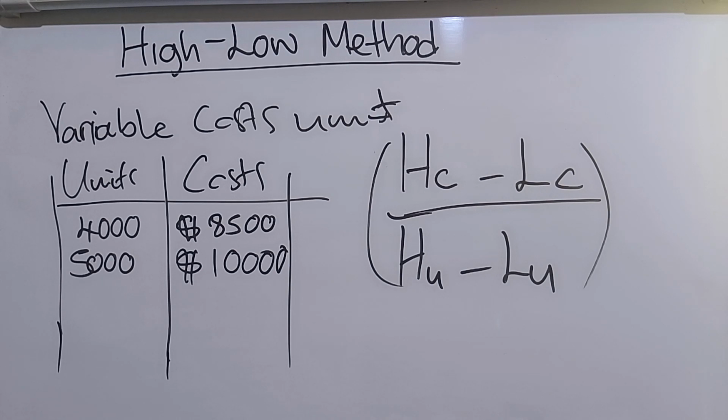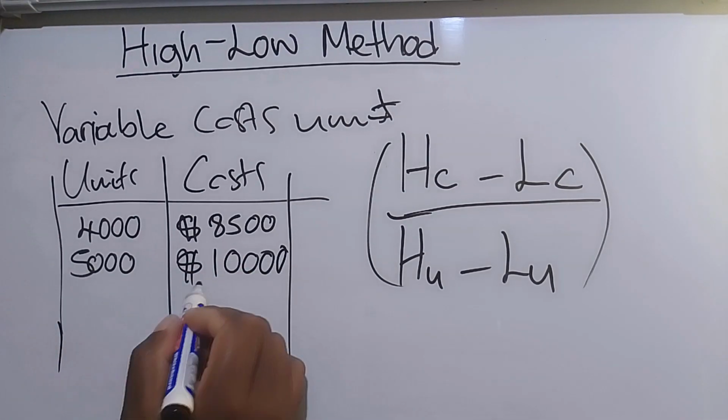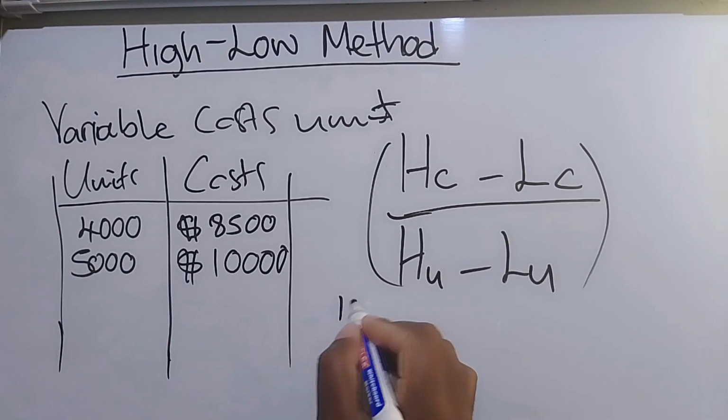Okay, so let's put in our figures and see how much we come up with. Our higher cost is 10,000.